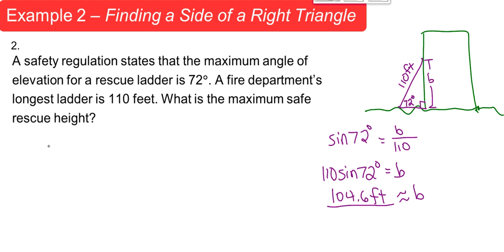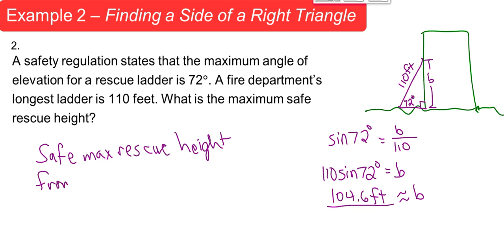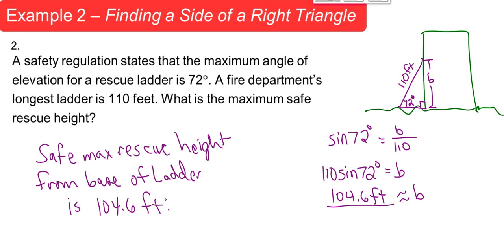So the maximum safe rescue height, from the base of the ladder, because it might be above a truck, is 104.6 feet. Just so that we have that, maybe above a truck or above the ground as we go.